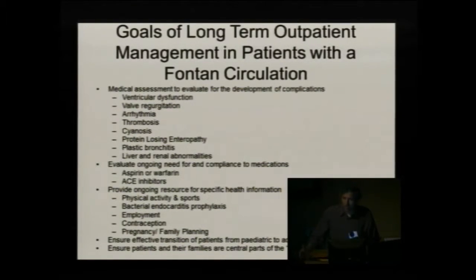So we know that the majority of patients are doing well and remain well, but as Professor Sellermeyer said, we want to detect changes that are more amenable to a successful outcome if they're detected early.